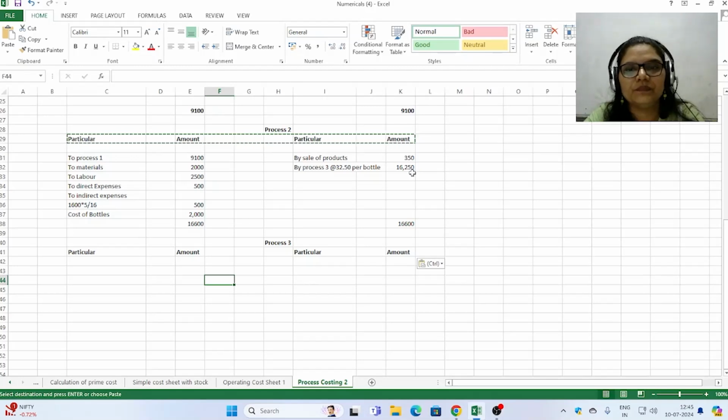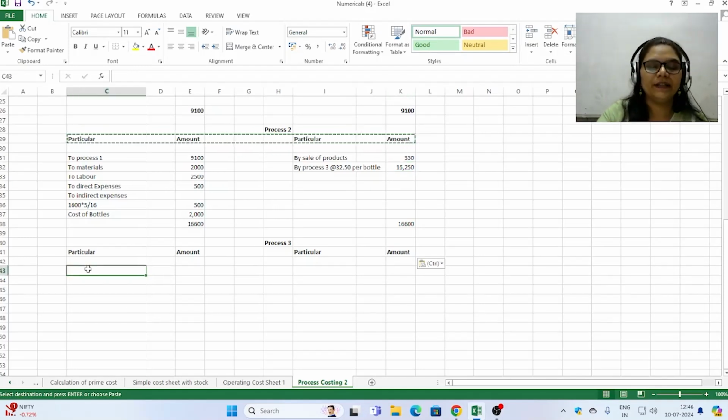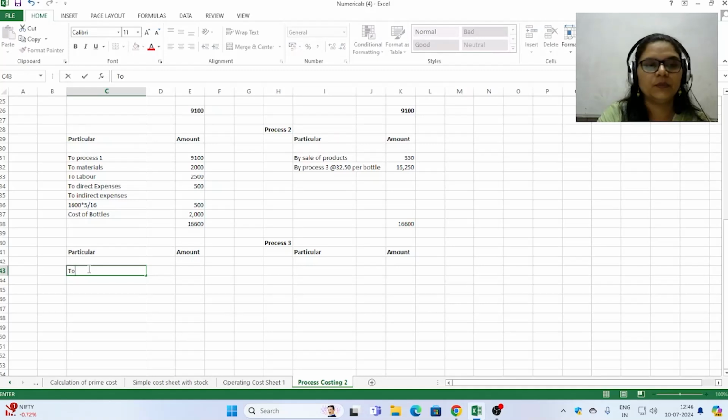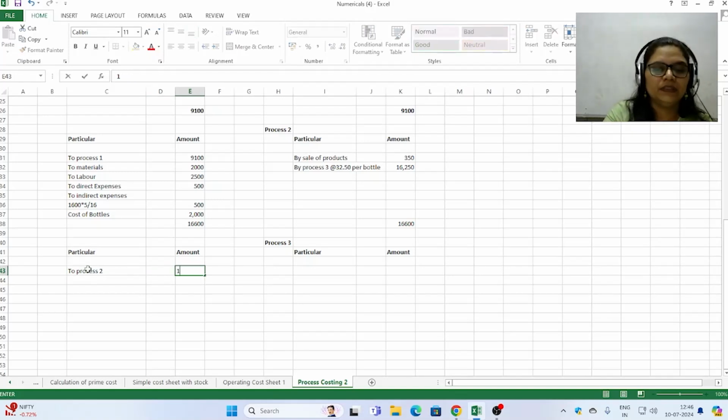Now, this particular expenses, that is 16,250, from process 2 will be transferred in the credit side of process 3. To process 2, we have 16,250.